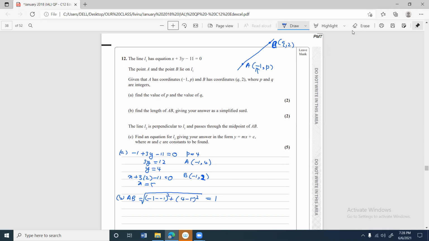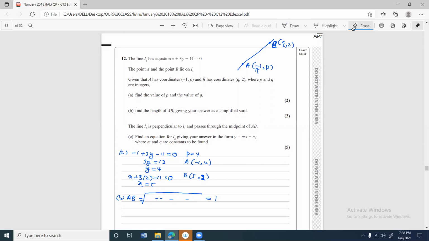Have I made any mistake over here? So this is not minus 1, but I made a mistake here. This should be the x coordinate, the one I got as Q, so it should be 5. Sorry, it was my doubt.